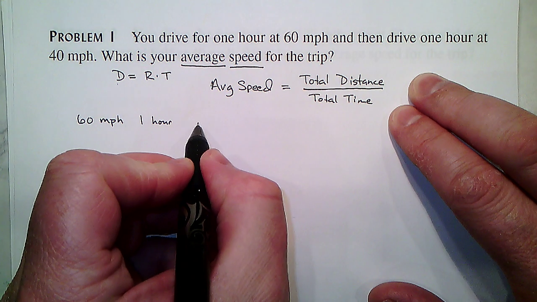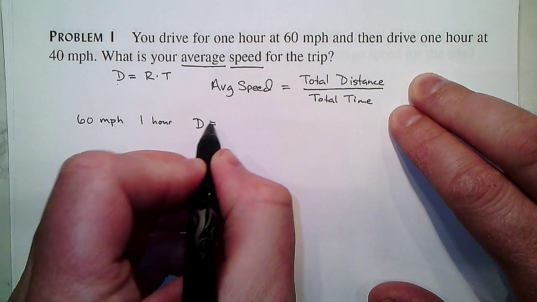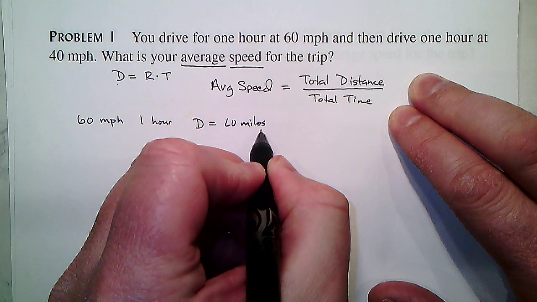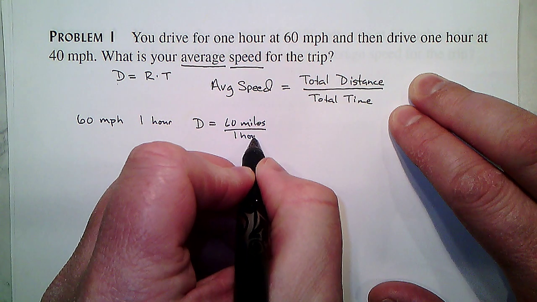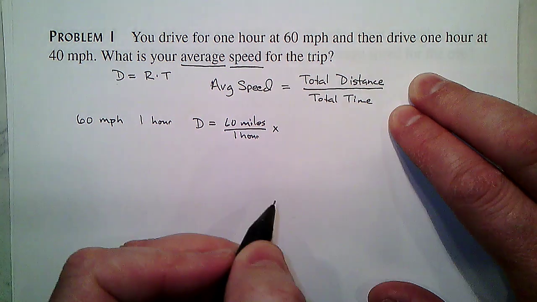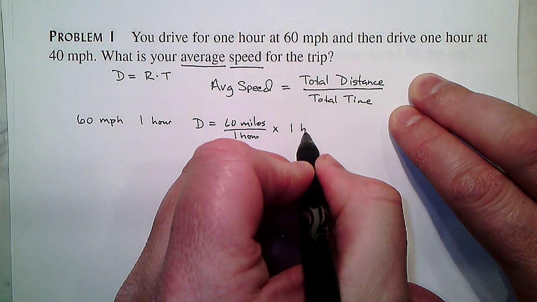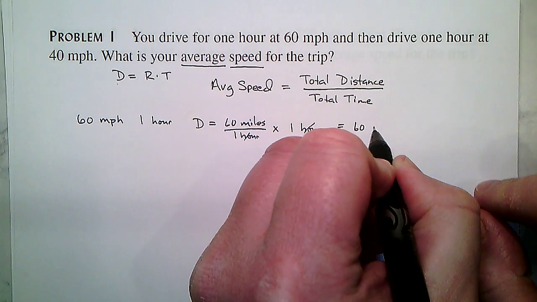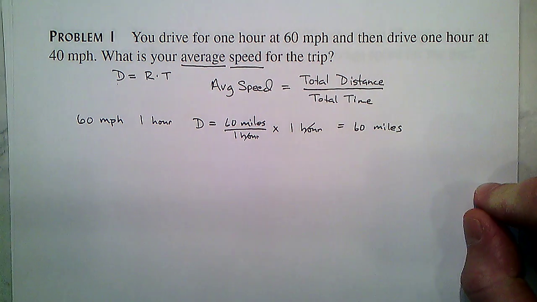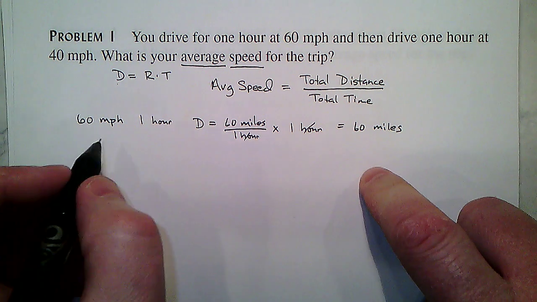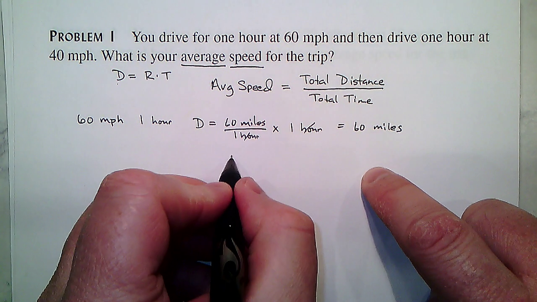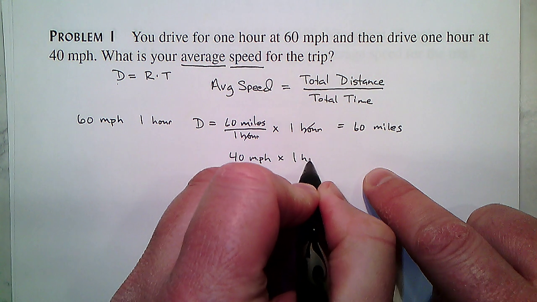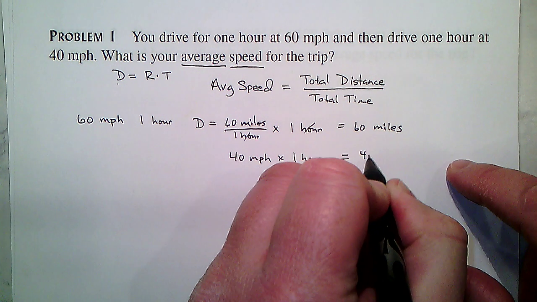So that means that the total distance is the 60 miles per 1 hour times that time, which is just 1 hour. So that's nice. Those cancel. So of course we just traveled 60 miles. In a similar way, if we travel 40 miles per hour for 1 hour, of course we're going to travel 40 miles.